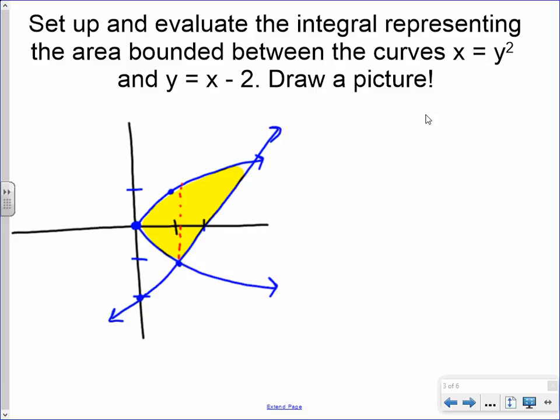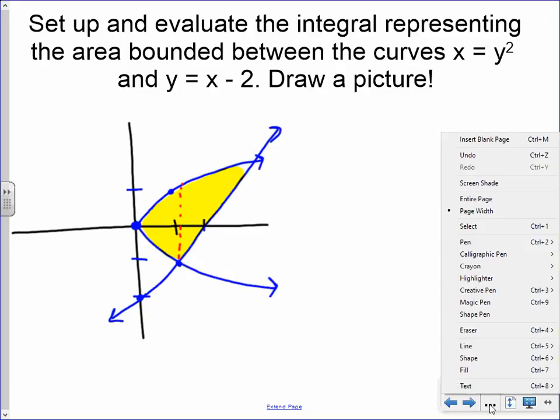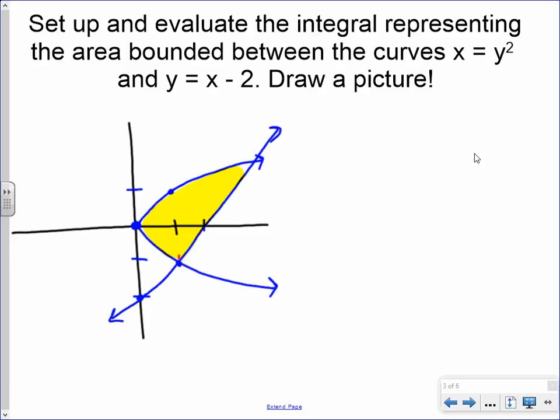Well, now we want to draw our rectangles horizontally so that we have thickness dy. And now you notice that the function on the right stays consistent. The function on the left, x equals y squared, stays consistent. And so we only have to use one integral to find this area.